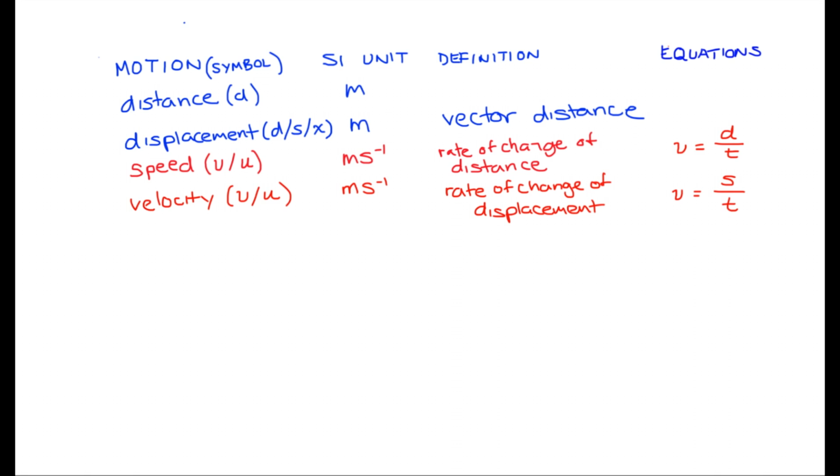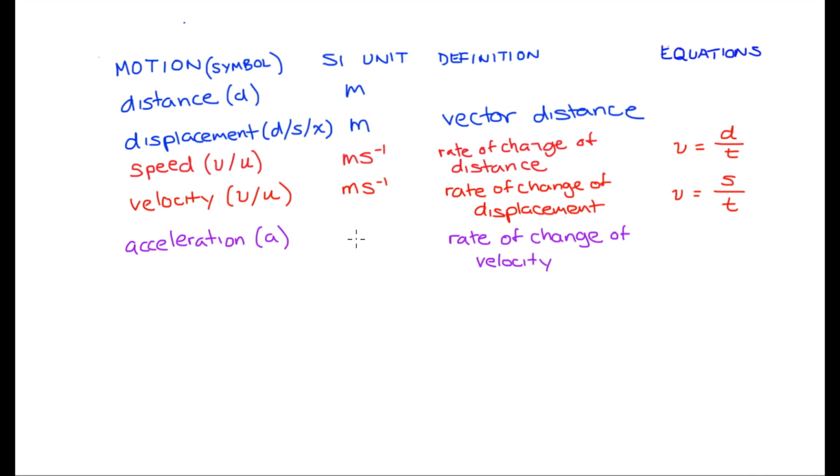Alright, so finally let's add acceleration into our little table. So here we go. Acceleration, which is usually given by a little a, the definition for acceleration is the rate of change of velocity.